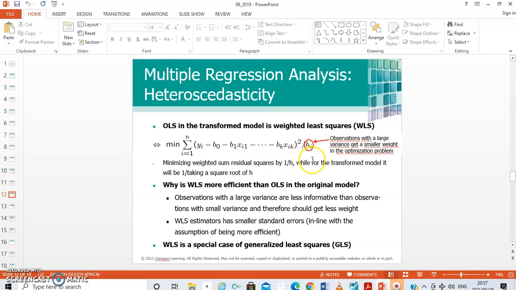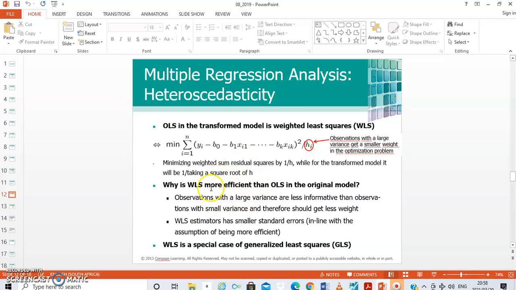In this instance, observations with larger variances get assigned smaller weights, because that is what we do in the optimization problem, whereas observations with smaller variances get larger weights. If we assign bigger weights to observations with larger variance, it is going to cause a distortion. So if we want to minimize that effect, we assign a smaller weight to them.